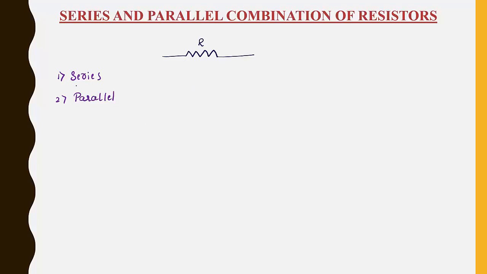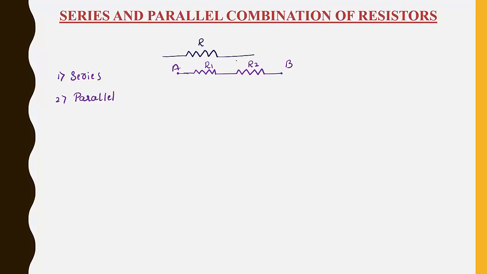Then what is a series combination? Here you can observe I am going to consider more than one resistor. I am going to consider two resistors, this is point A and this is point B. Between the endpoints A and B, two resistors are connected, R1 and R2.